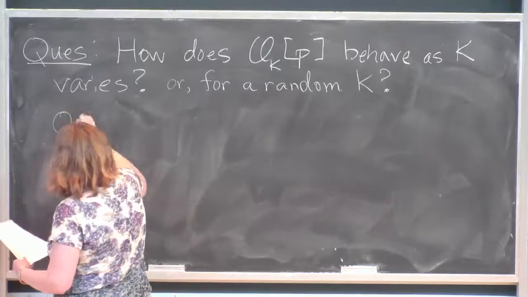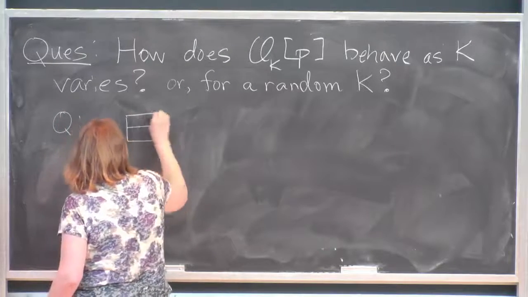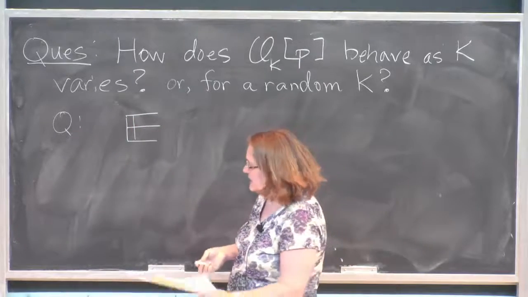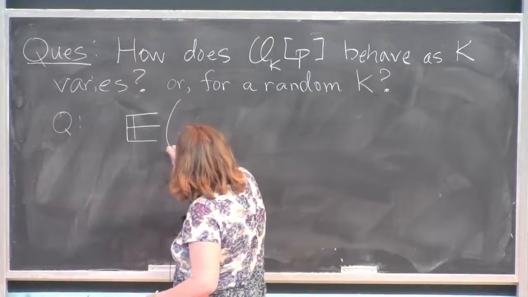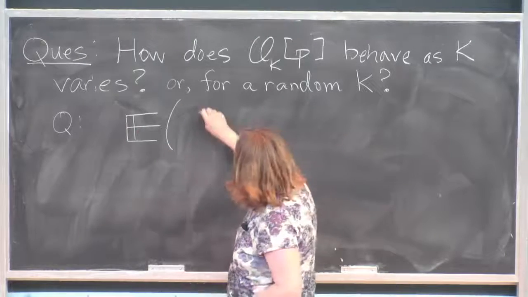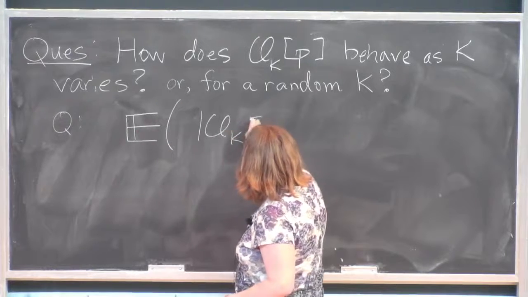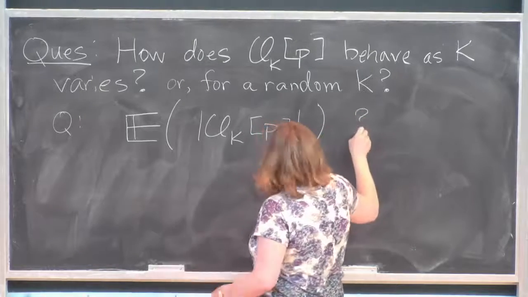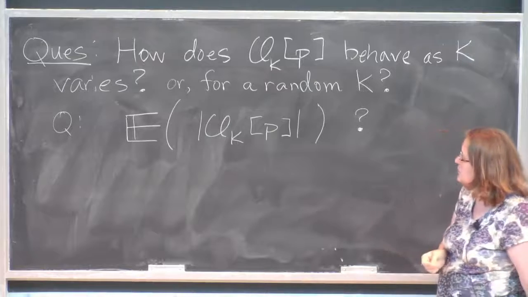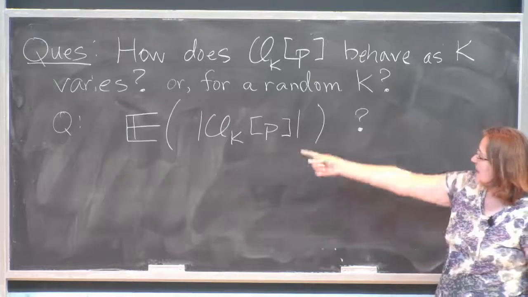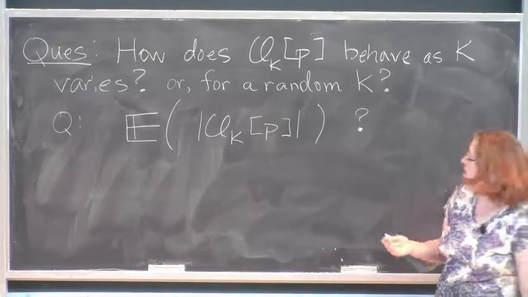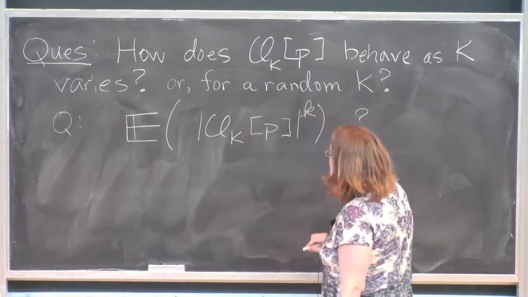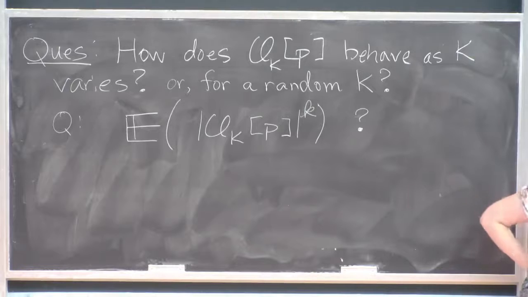So I like to say for a random K, because then I'm going to use expectation for the average size. So what's the expectation or the average size of the p-torsion in the class group? Or if you're going to ask about the average, you could also ask about any of the higher moments. So what's, say, the average size of the kth power of the p-torsion?